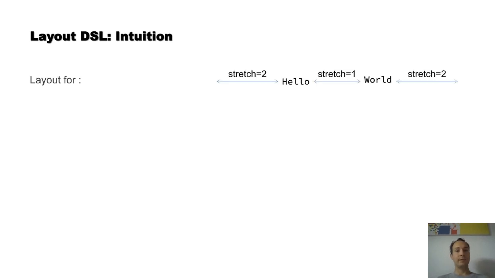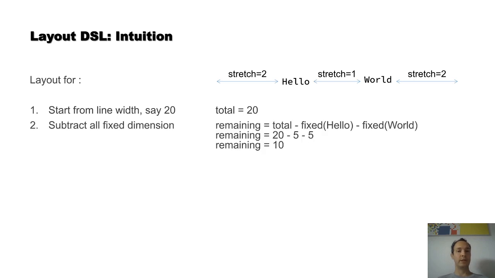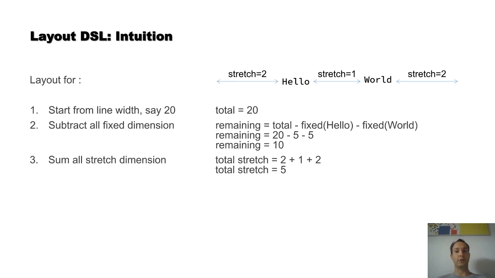Let's lay out manually a simple sentence as an example. Hello and world, separated by stretchable spaces of different strength. We start from the total space available, say 20 columns. We subtract all the fixed parts, so that's 5 characters for hello and 5 for world. So we have 10 remaining columns. We have to split the stretchable objects over these 10 columns.